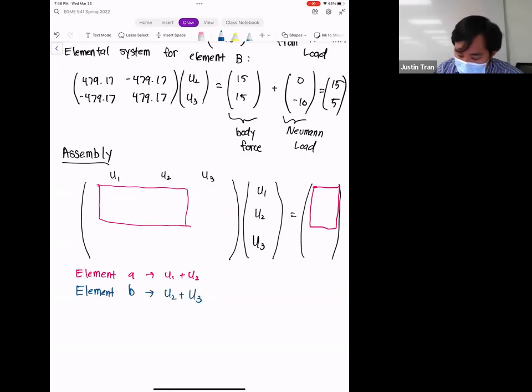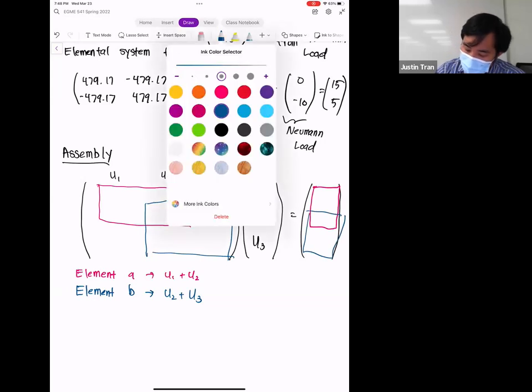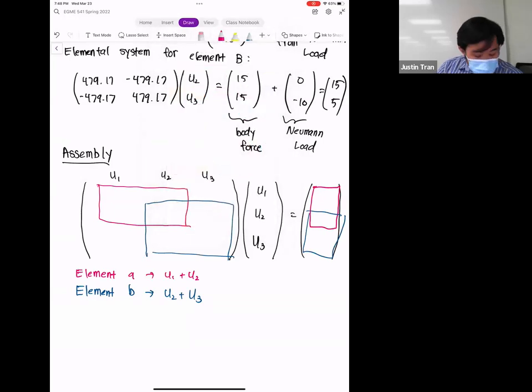Then element B is going to be nodes 2 and 3, and that's going to be these guys right here. And we have an overlap on these two, just like that.